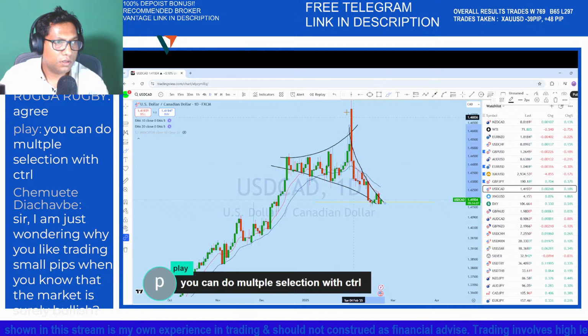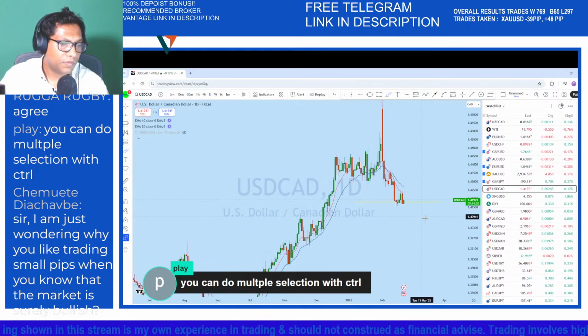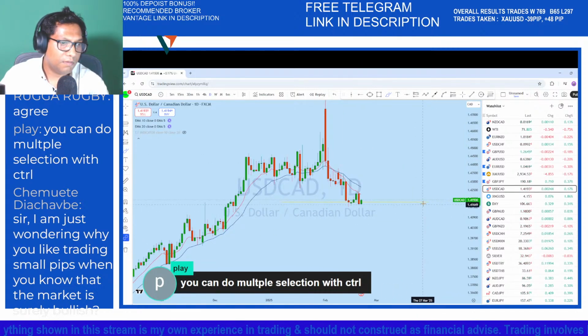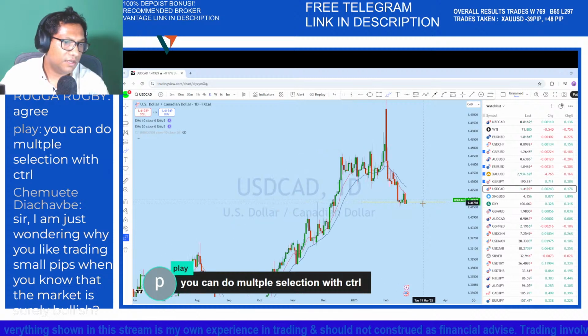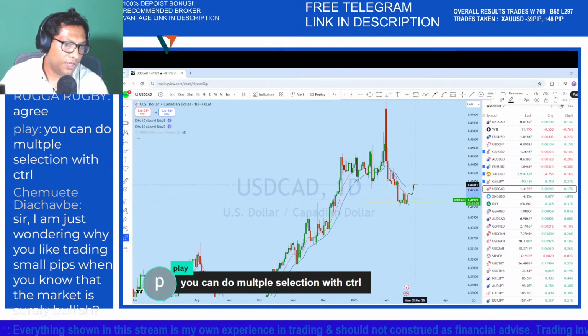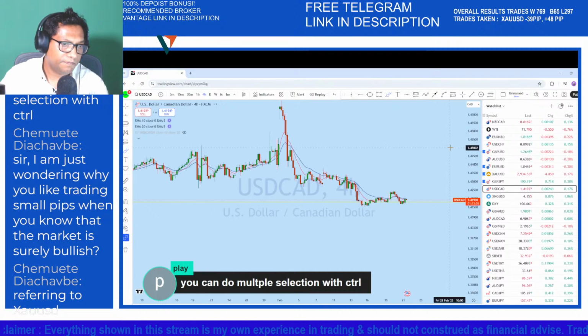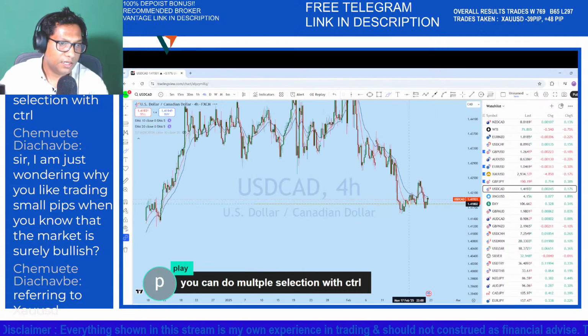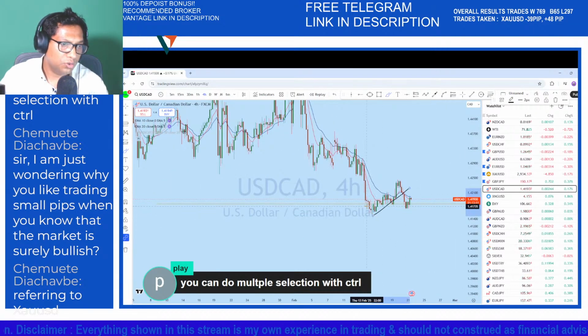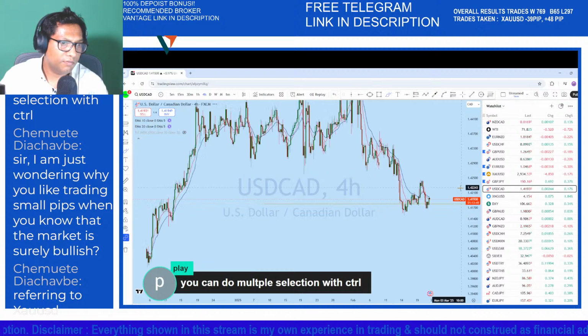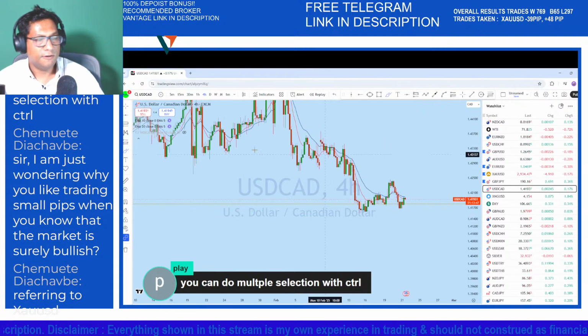So interesting structure on dollar CAD, and this is the daily. Therefore a bounce could be in that direction here. Looking at the 4 hour here, we can see that this is also a channel on dollar CAD. Very interesting price action on dollar CAD.